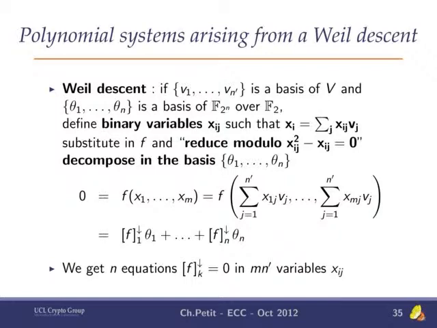This gives me an equation that I write as follows. This notation means the one component of the Weil descent of f. Well, it's actually with respect to a basis, but let's forget about it. So we get n equations in n times n prime variables x_ij.